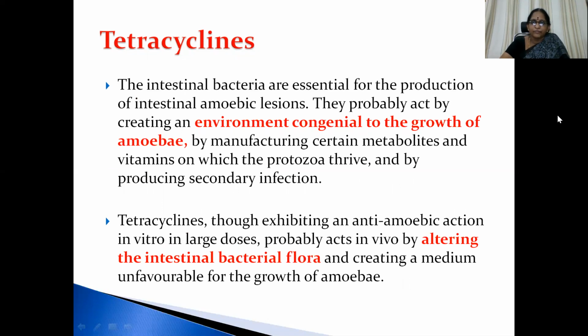So the relationship between Entamoeba histolytica and the common gut flora, which are non-pathogenic, gets disturbed by the administration of tetracyclines. Though exhibiting an anti-amoebic action in vitro in large doses, tetracyclines probably act in vivo by altering the intestinal bacterial flora. That becomes an unfavorable condition for the pathogenic microorganisms.